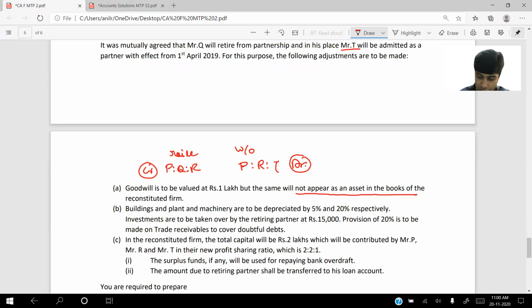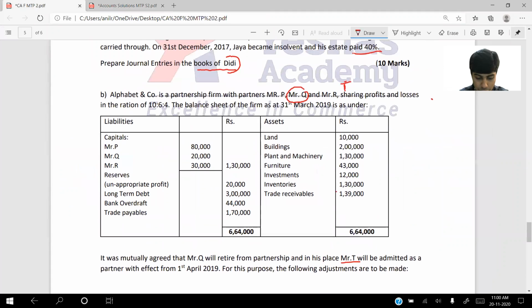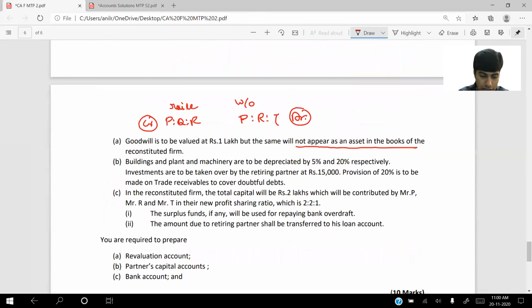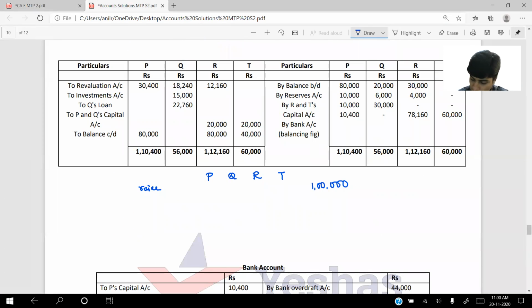What is their profit sharing ratio? 10:6:4. Half, 50,000. Okay, this is all credit.